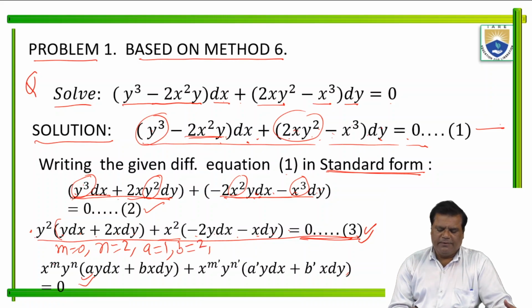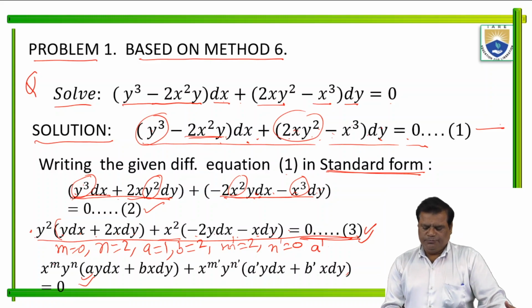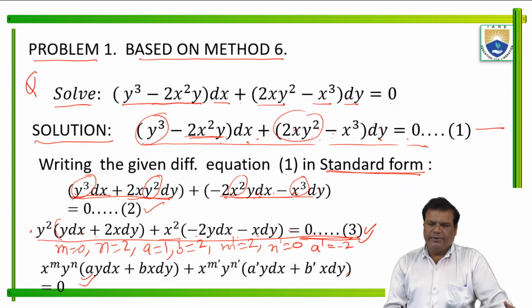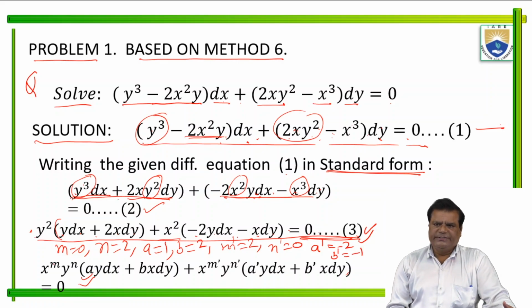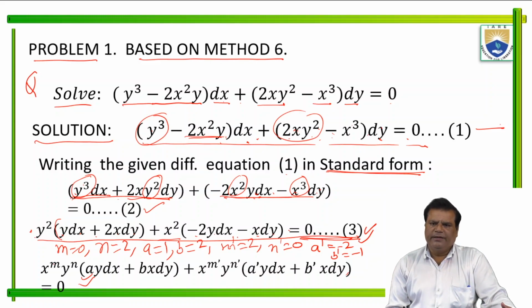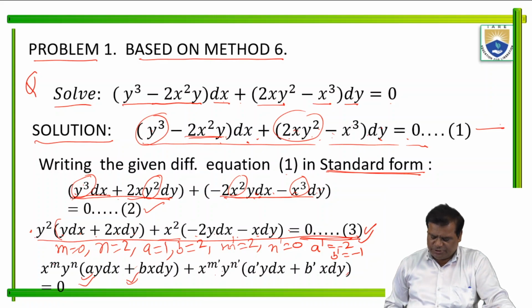Now m dash is 2, n dash is 0, a dash is minus 2 and b dash is minus 1. These are the constant coefficients we get in equation 3. Equation 3 and the general equation are the same, so we apply the same process in this question.